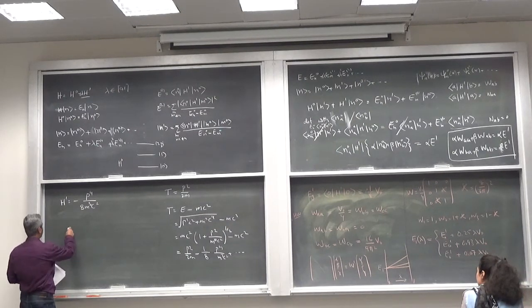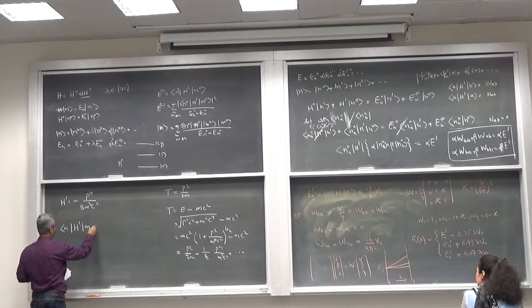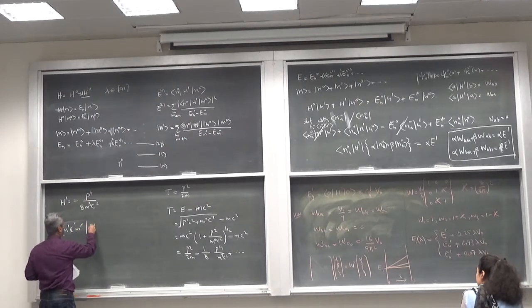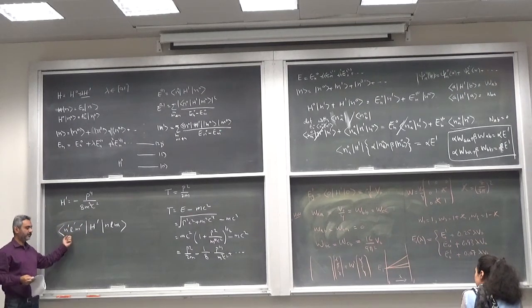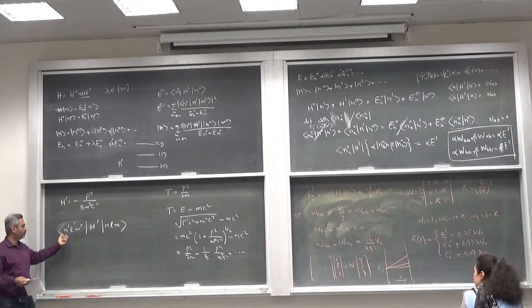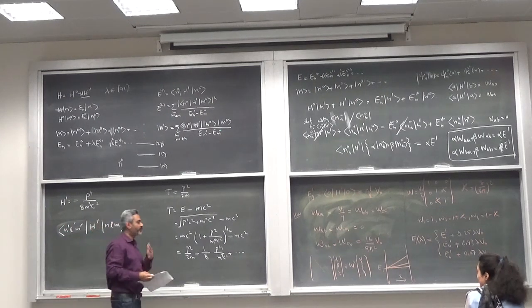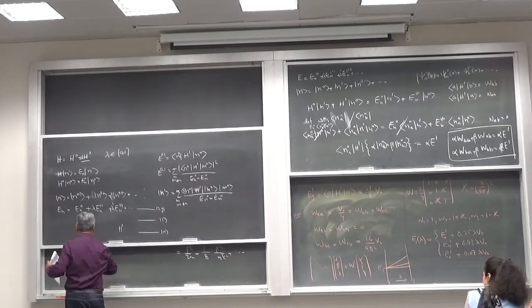So again, you will have to calculate n prime, l prime, m prime, H1, n, l, m. For each n, you will get n squared states, and so you will get an n squared by n squared matrix. We'll have to diagonalize. Or you can do something else. What else can you do? Let's try to figure that out.